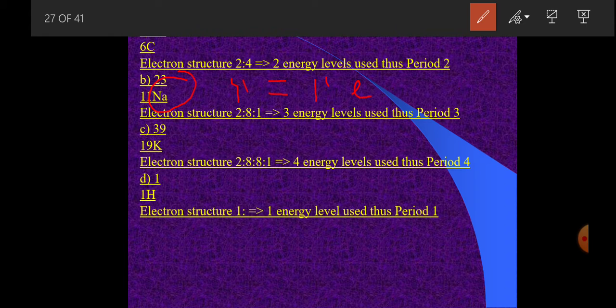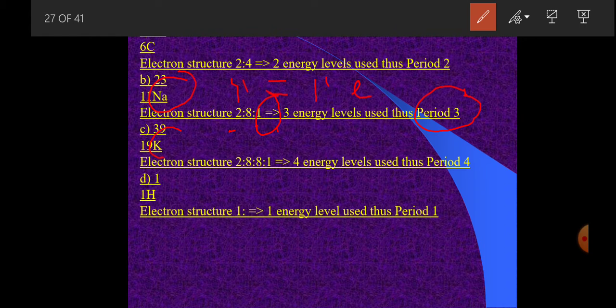The electron configuration therefore will be 2:8:1. So it will have 3 energy levels, 2 and 8 and 1, meaning it is in period 3. And because the outermost energy level has 1 electron, it will be in group 1. So sodium is in group 1, period 3.